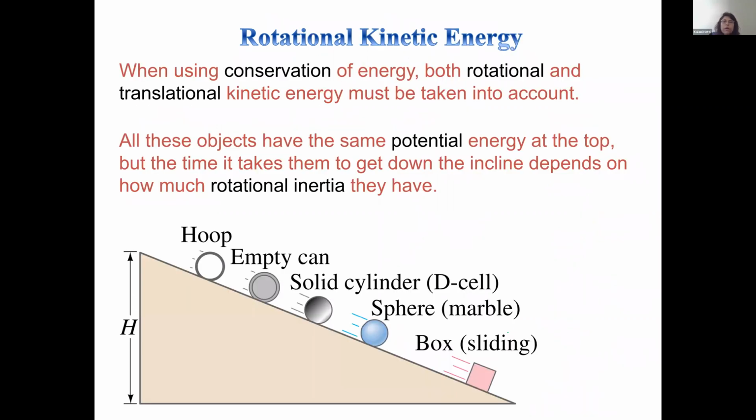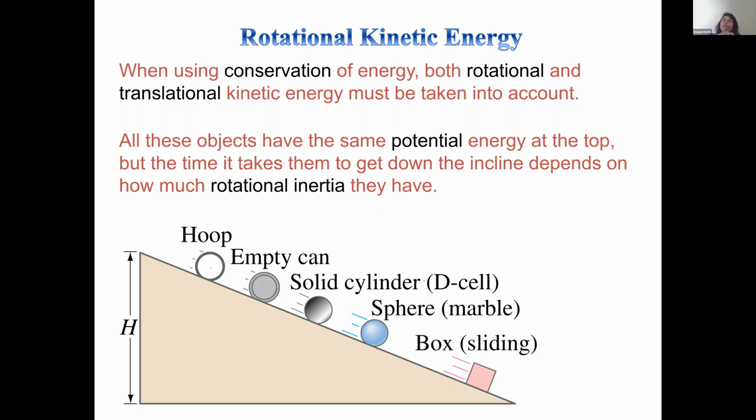Now I will come back to a very small simulation that you can find inside your Blackboard page. How will these objects rotate, or how will they land? A simple example: the objects I have are a box, sphere, solid cylinder, empty can, and hoop.